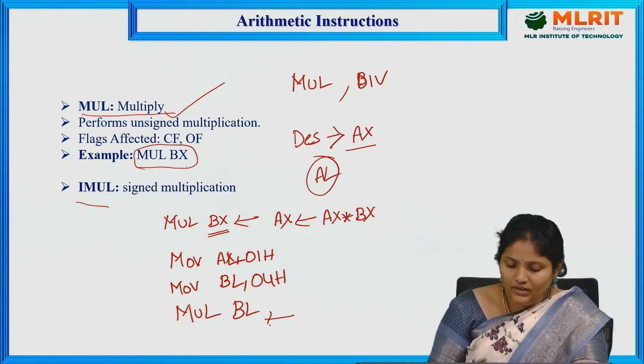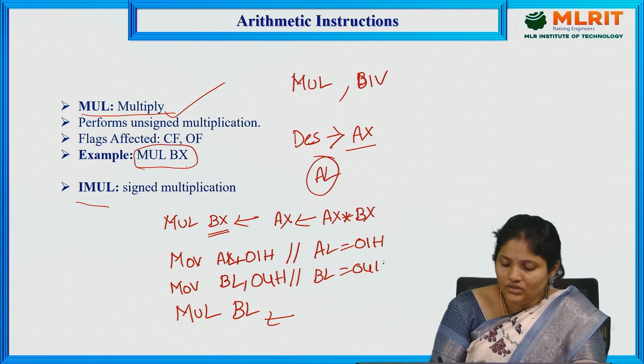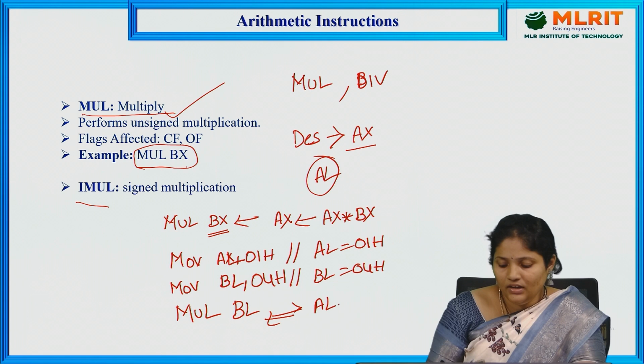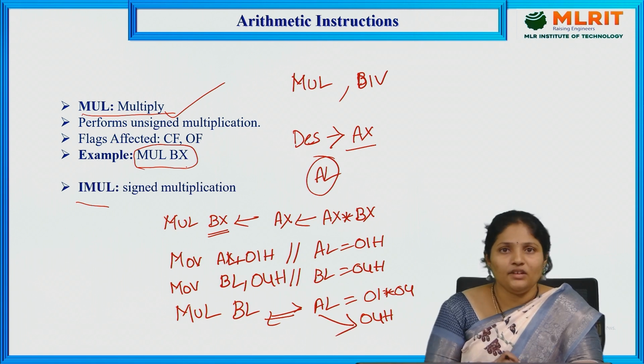So AL is loaded with the 01H value, and BL is loaded with 04H. After performing this instruction, the output will be stored in AX as 01 into 04, which will be 04H. The output will be stored in the AL destination register.